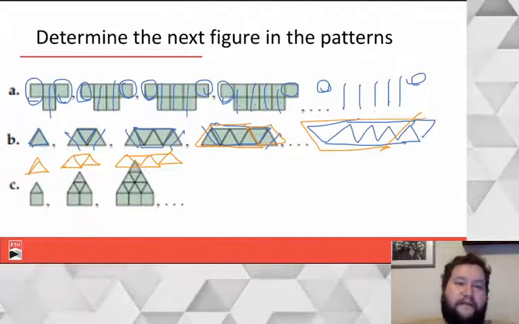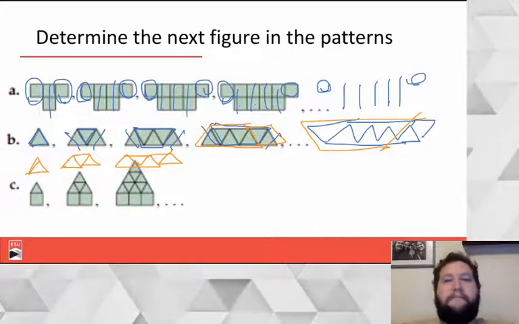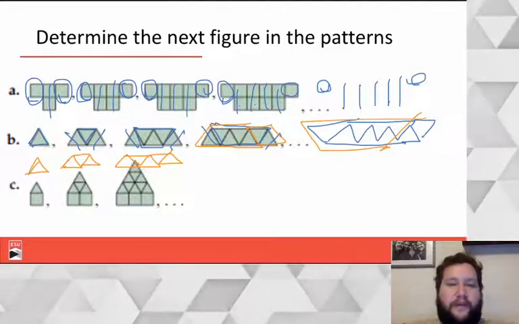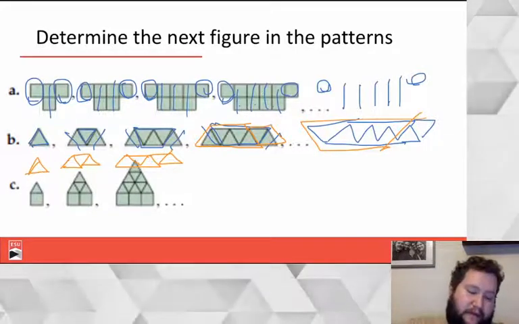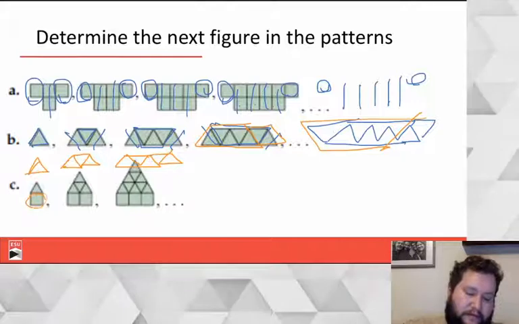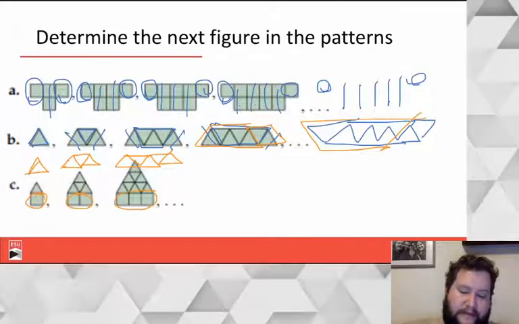And then in the last one, there are, again, many ways you can see this, but one way you might see it, and the way that I see it, is I see 1 here at the bottom, and then I see 2, and then I see 3, which means my next one's going to have 4.